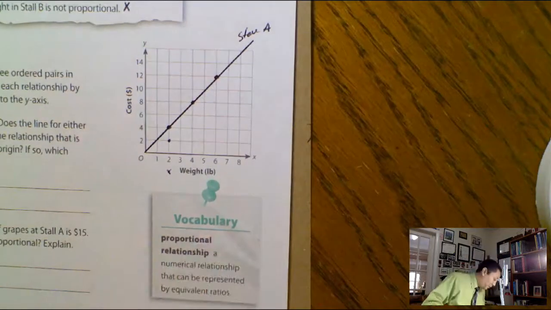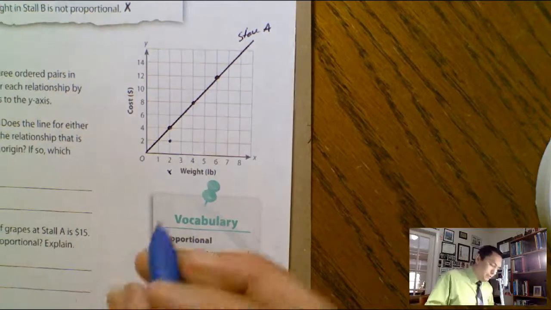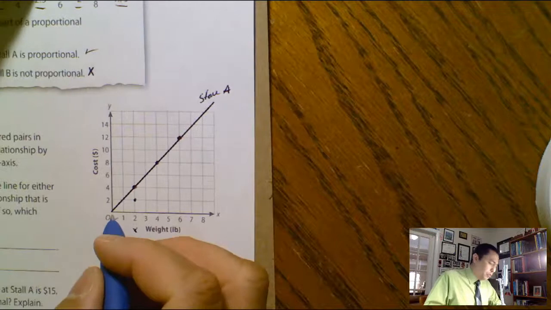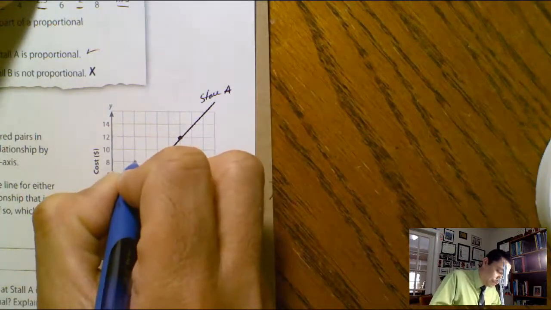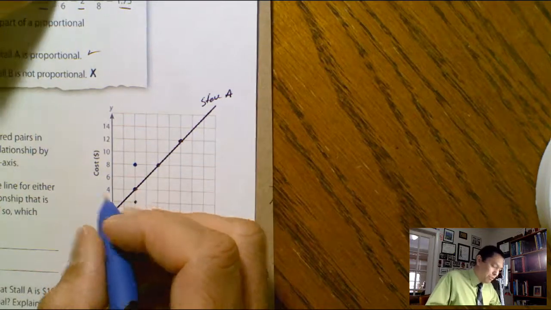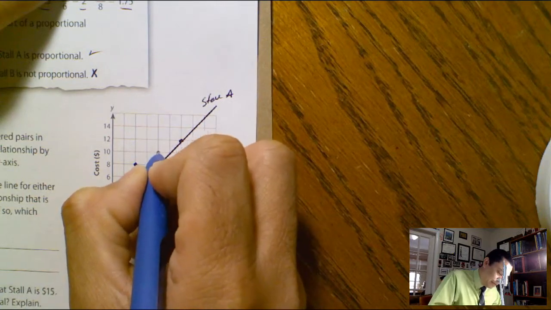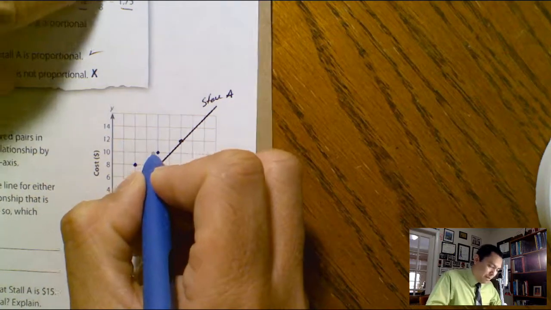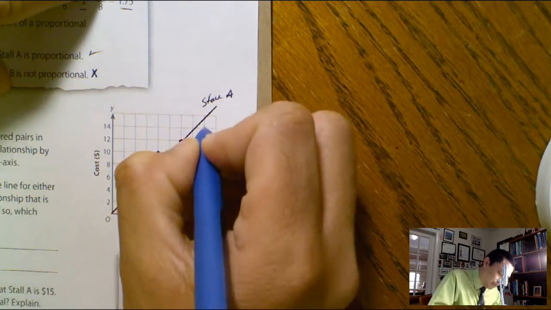To do stall B, I'm going to use a different color. For example, I'm going to use blue, and remember we go 2 to 8, so I have 2 and 8. Okay, that's the first one. And then I'm going to have 4 and 10, 4 and 10 here. And then I'm going to have 8 and 14, 8 and 14 here.